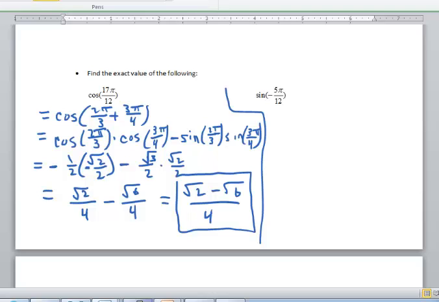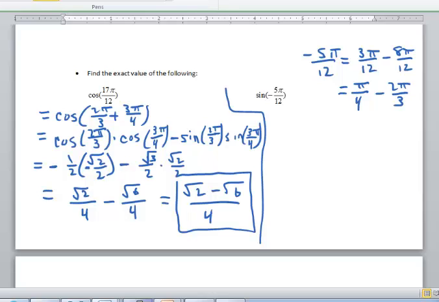Well, maybe negative 5 pi over 12 is the same as 3 pi over 12 minus 8 pi over 12, which is true, and 3 pi over 12 is pi over 4, and 8 pi over 12 is 2 pi over 3.